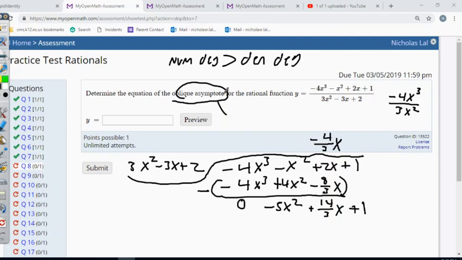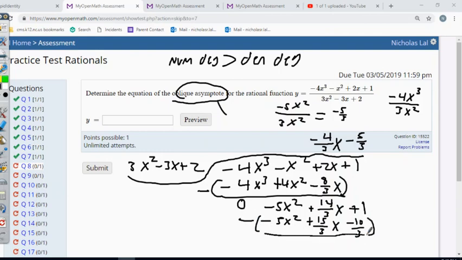So you have negative 5x squared divided by 3x squared, and that's just going to be equal to negative 5/3. So minus 5/3, that's going to be negative 5/3 times 3x squared, that's going to be negative 5x squared. Negative 5/3 times negative 3x, that's going to be positive 15/3 x, and negative 5/3 times 2, that's going to be minus 10/3.